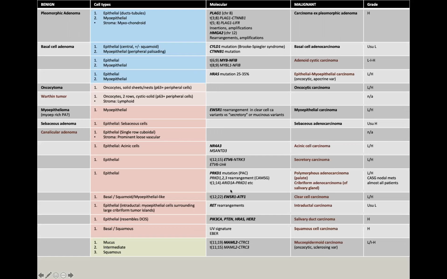So we don't necessarily use molecular frequently in diagnosis, because it may not matter extremely, but if there is a question between a benign and a malignant tumor in which genetics will be helpful, such as a low-grade mucoep versus a benign cystic lesion, rearrangements like MAML2, et cetera, can help at least point you to a malignancy, if that makes sense.